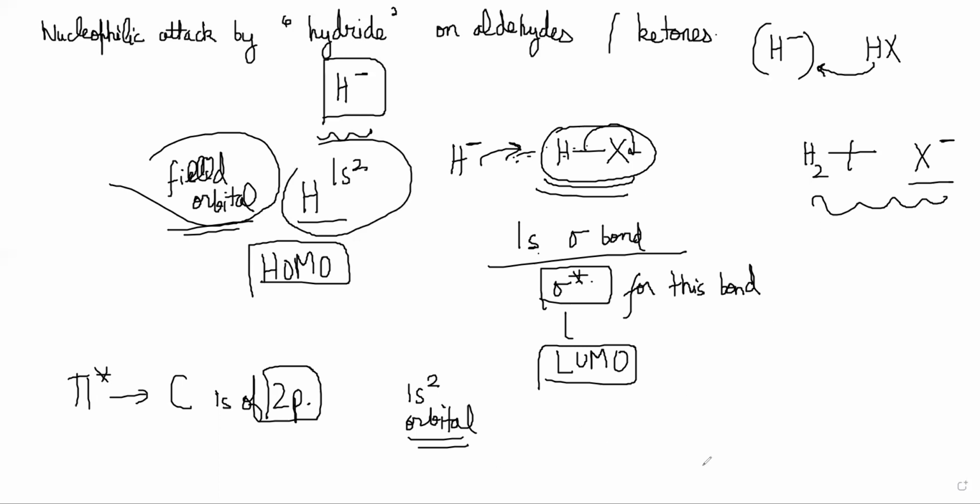We saw BH3 was electron deficient. There are 6 electrons, and that's all that boron has. But BH4 minus, on the other hand, is filling the octet of boron, and there is a negative charge.